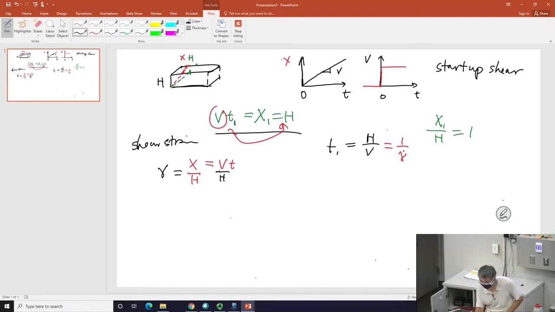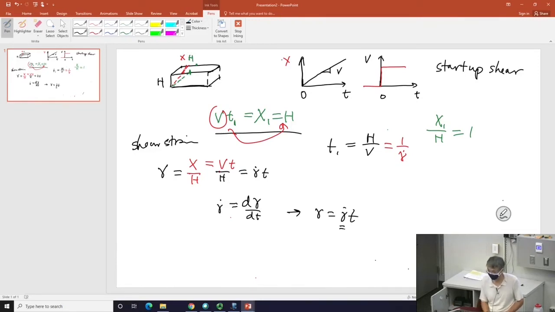On the right, of course, it is shear rate times T. And if you want to get fancy, you can think about this as this, that, and then you can integrate, and of course that's that again, in the limit when gamma dot is a constant, right?